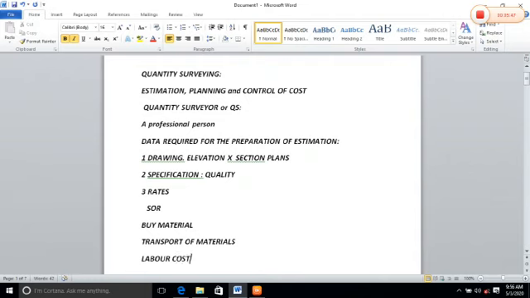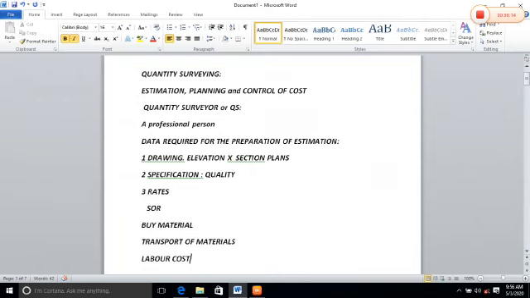These three things are generally discussed in rates. So in Pakistan, different departments, for example CNW, CSR, composite schedule of rates, MES, PWD, etc. issue rates annually.